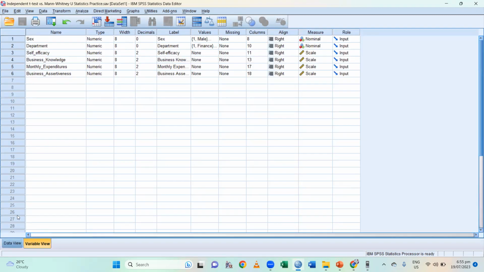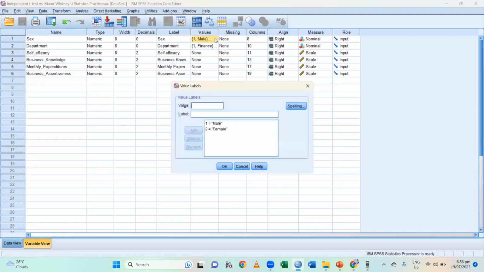So if we go back to the variable view, for you to know what they are, so you see for sex, go to values. Values is here. On the right side here, if you left click on it, you could see that I encoded there 1 equals male and 2 equals female. That's why for the sex part earlier, 1 means male and 2 means female.